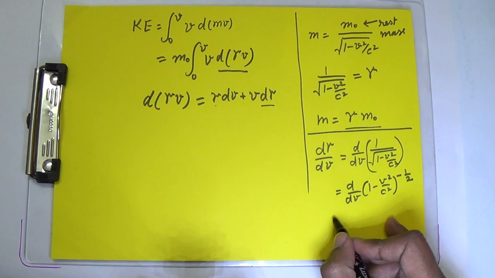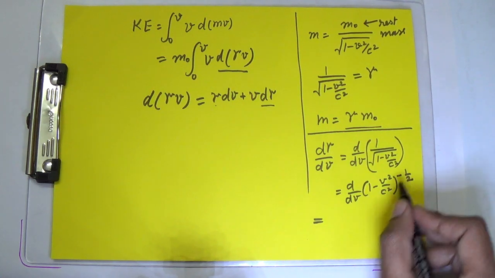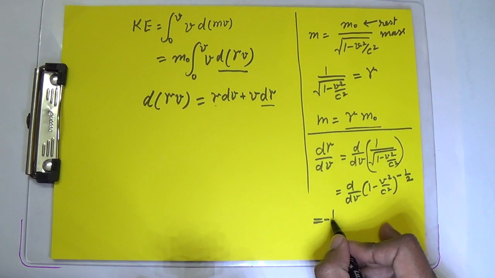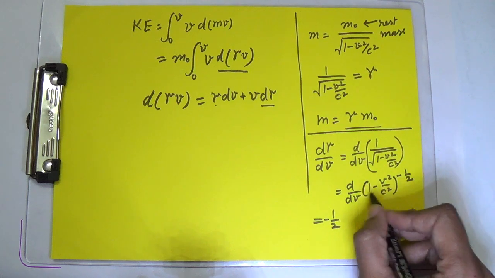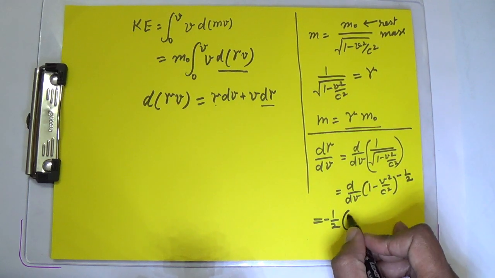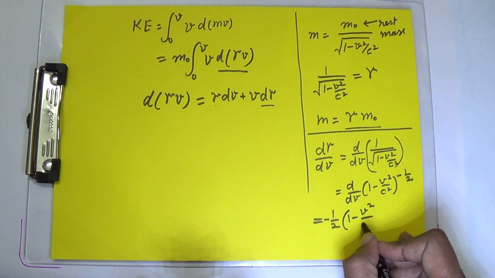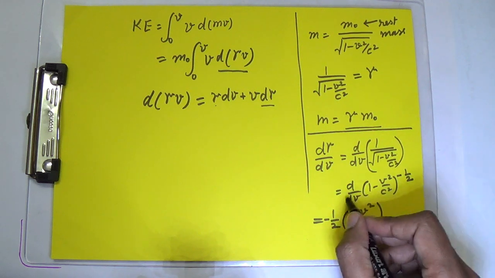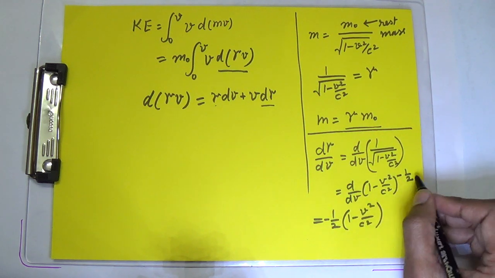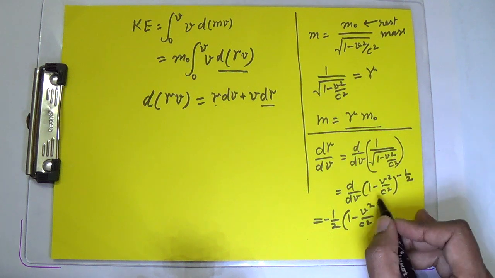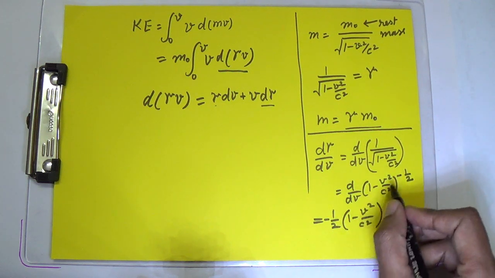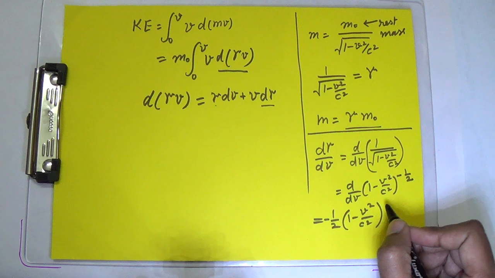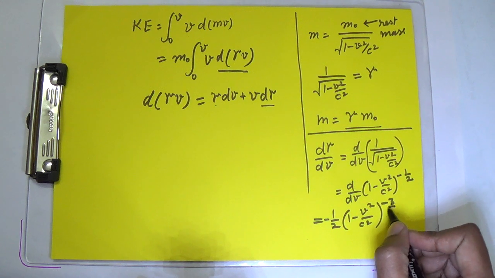First that will be minus 1 by 2 of this factor, 1 minus v square upon c square, differentiated with power n minus 1, so minus 1 by 2 minus 1 will be minus 3 by 2.